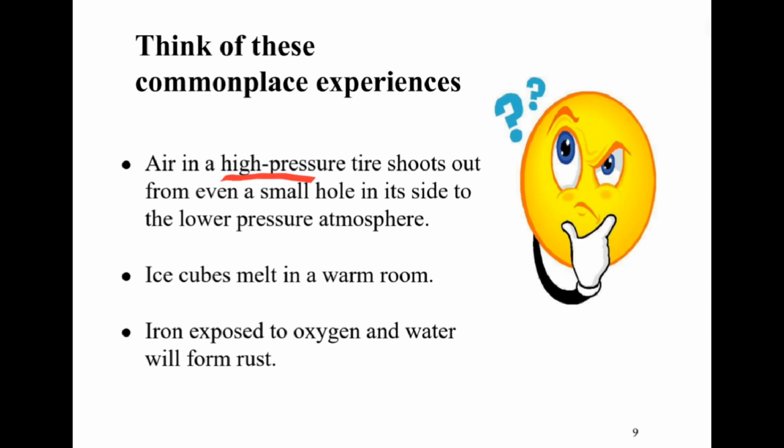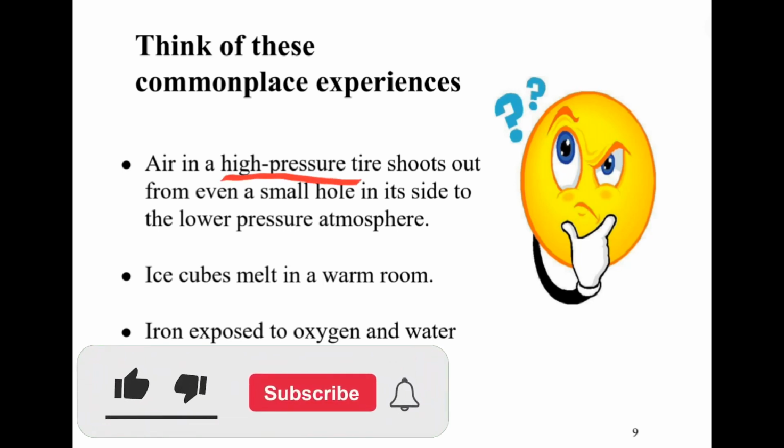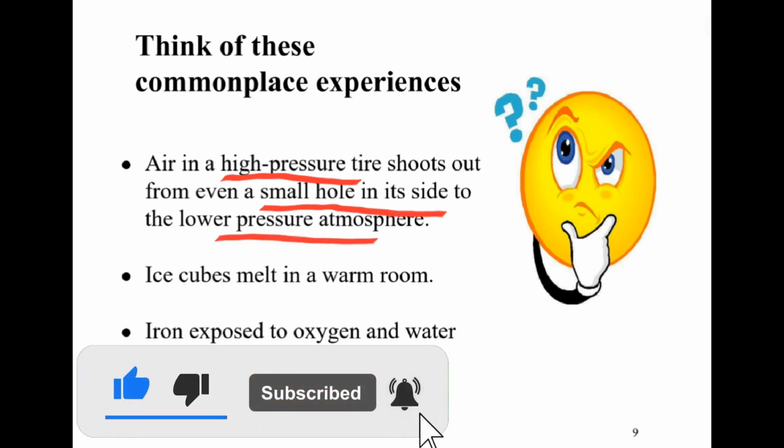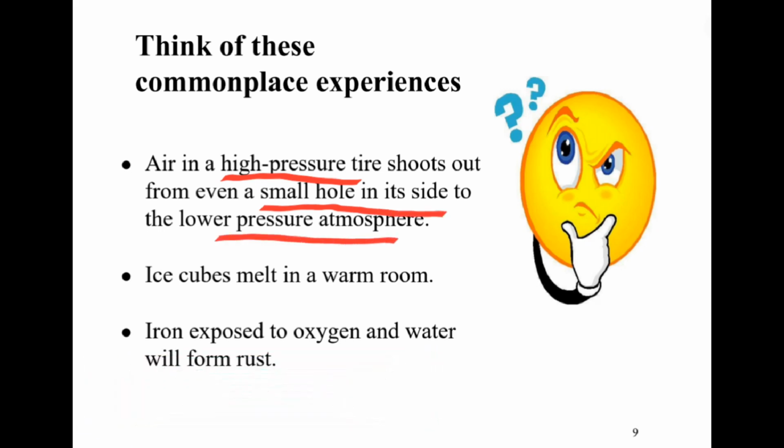Air in a high pressure tire shoots out from even a small hole in its side to the lower pressure atmosphere. The air in a high pressure tire, if it finds even a small hole, goes out to the lower pressure region.